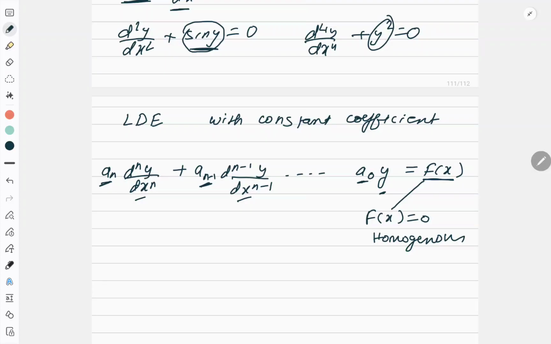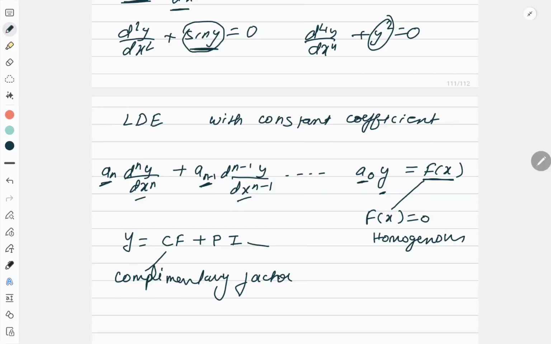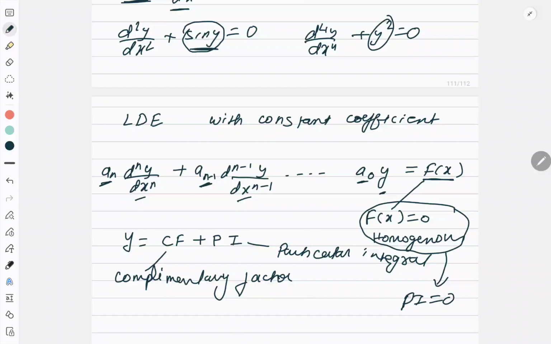The complete solution of this type of equation is y is equal to CF plus PI, where CF is the complementary factor and PI is the particular integral. In the case of a homogeneous equation, PI is equal to 0, so only CF we will be finding out, right?